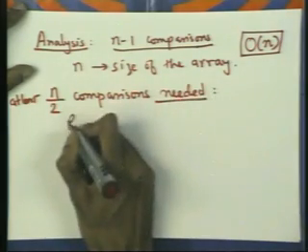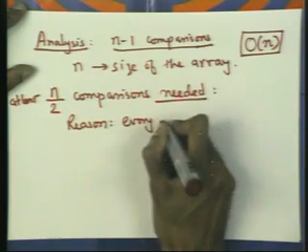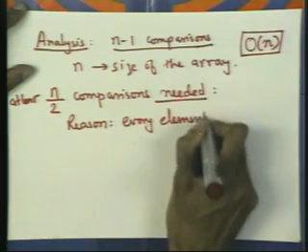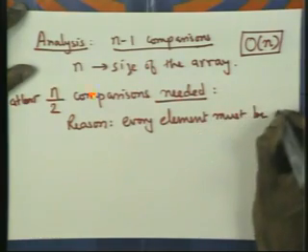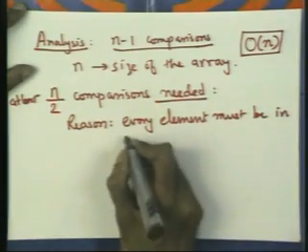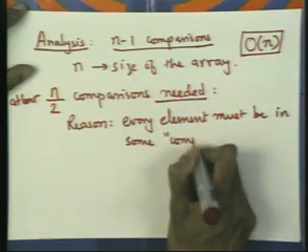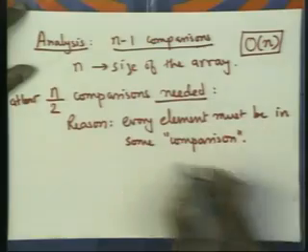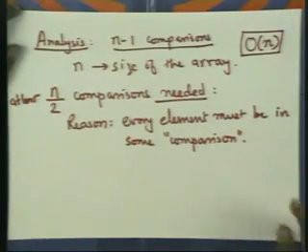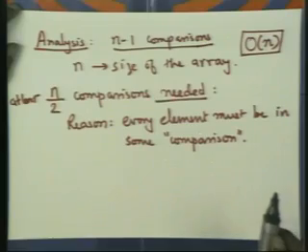The reason: every element must be in some comparison. What I mean is every element must be compared with some other element. This can be done with n by 2 comparisons, by the way.